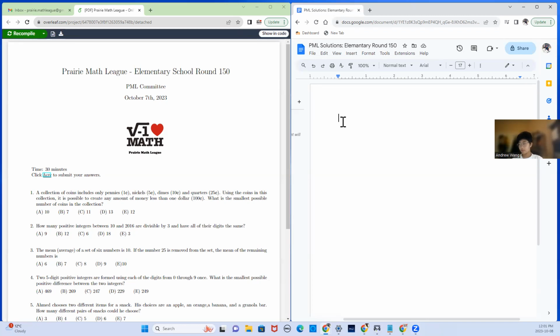So first thing, let's set this as 99 cents, the maximum value that they need to create. The minimum number of coins you need to do so would be 3 quarters, so that'll give you 75.